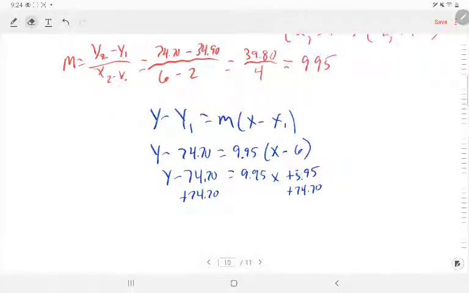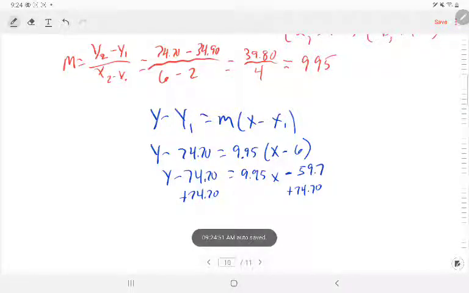I made an error. This would not be right. It would be 9.95 times negative 6, and that would give me negative 59.7.